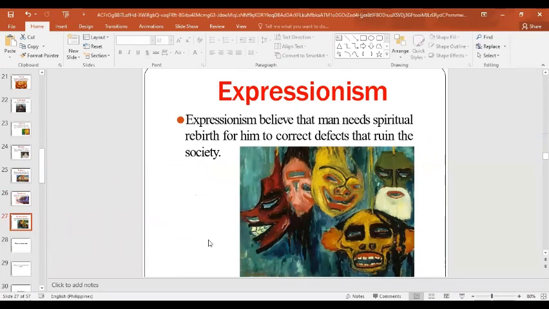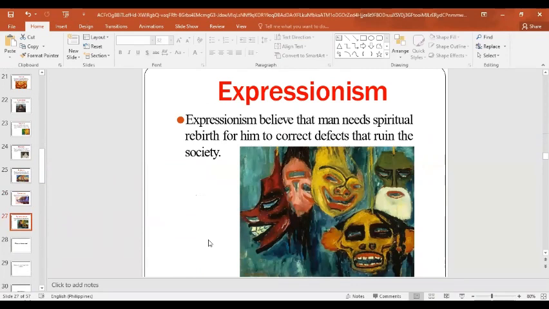Kumbaga, yung style ng art na ito ay, ang dinidepict niya ay yung emotions para maipakita yung emotions or feelings niya, no? Inire-relate niya yon with the art piece or artwork.